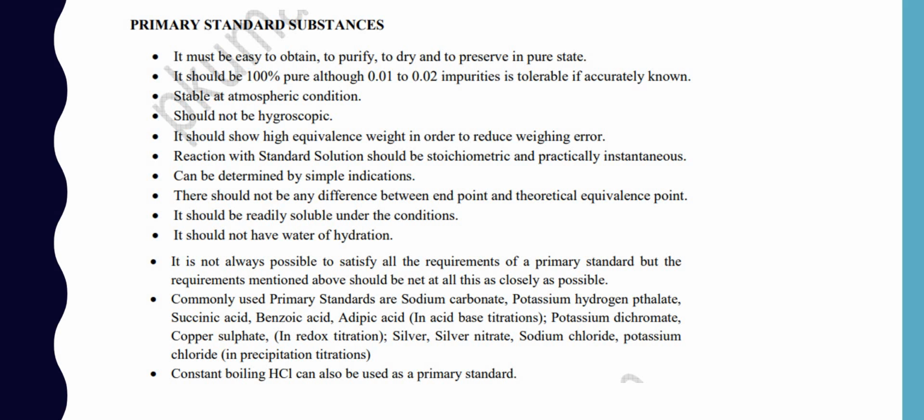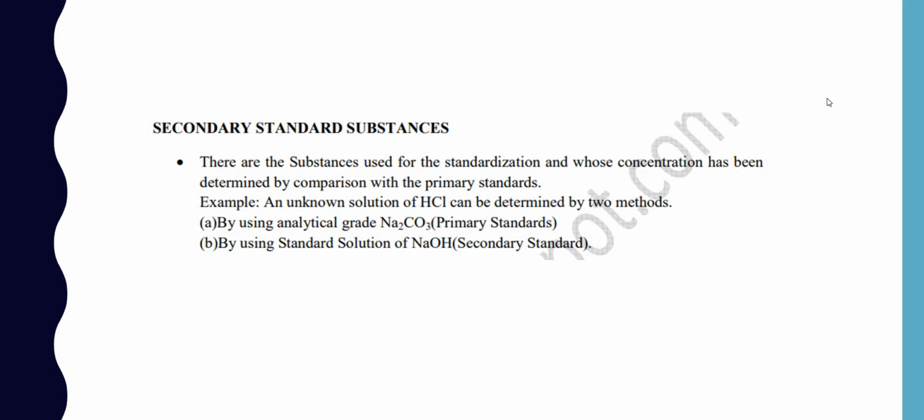These are the properties of primary standard substances mentioned here. Also, a few examples of primary standards are mentioned. We had already studied this. Here are a few examples of secondary standards. What is a secondary standard? That which is standardized with the help of a primary standard, we call a secondary standard substance.